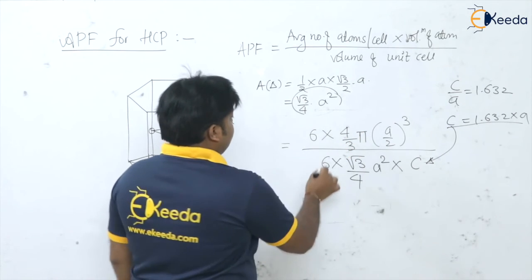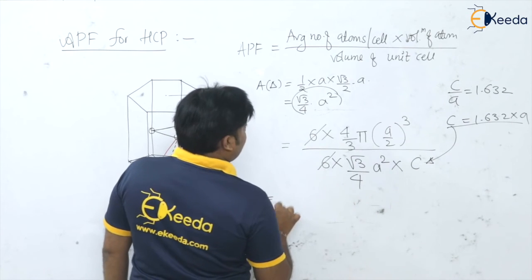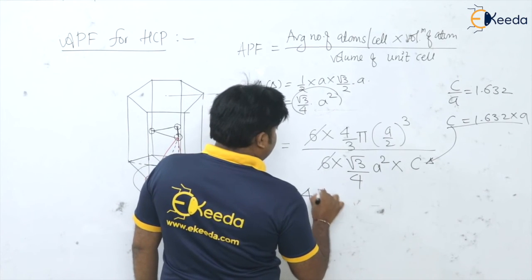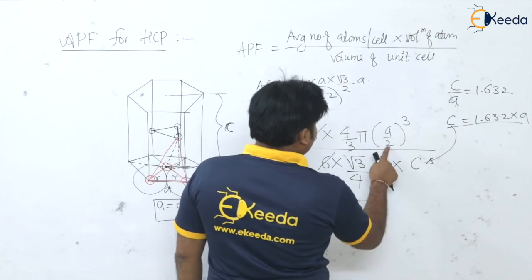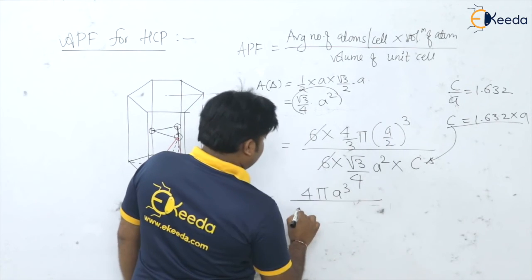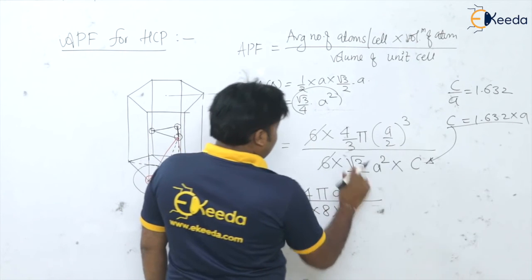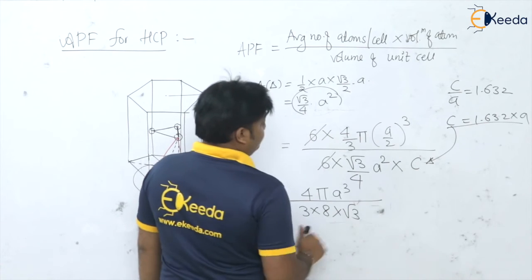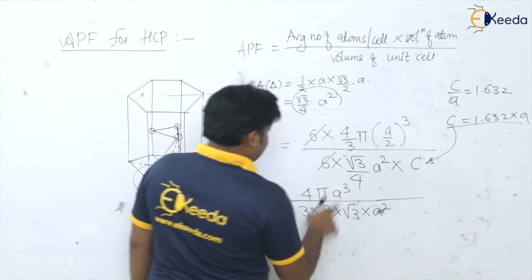What can you get? This 6 gets cancelled. So we can have 4 pi into a cube divided by 2 cube, 8, that is divided by 3 into 8 into this root 3 into a square divided by 4.